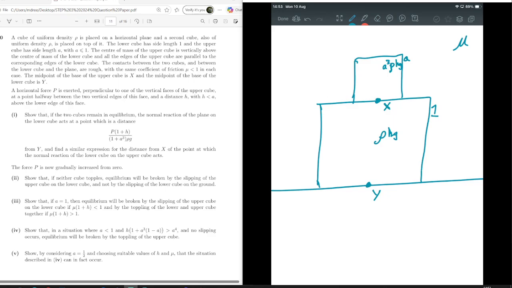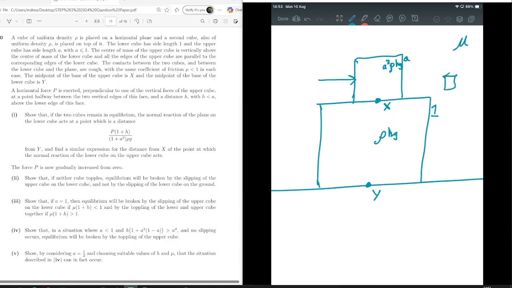A horizontal force P is exerted perpendicular to one of the vertical faces of the upper cube, halfway between the two vertical edges. So it's symmetric in the depth of the picture.